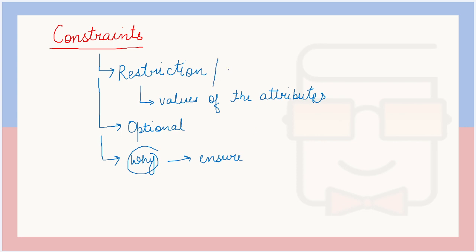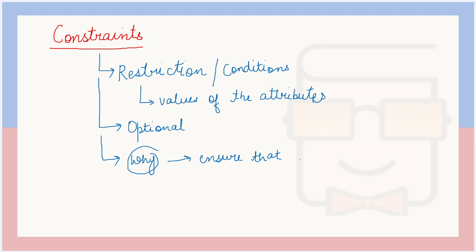So constraints can also be known as conditions that the values of an attribute must satisfy, and only then will those values be acceptable within that attribute. So we use constraints to ensure that correct data is stored.